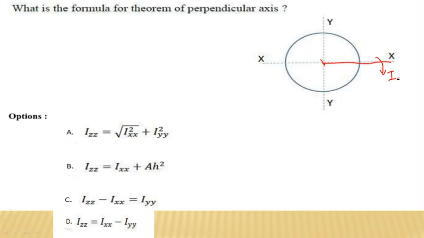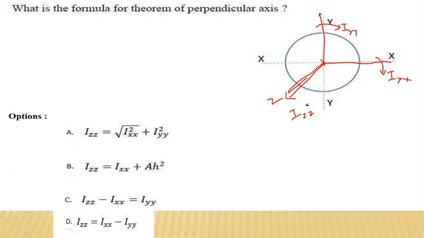And this is the y-axis, and the moment of inertia about the y-axis is Iyy. We have one more axis, that is the z-axis, and the moment of inertia about this axis is Izz.